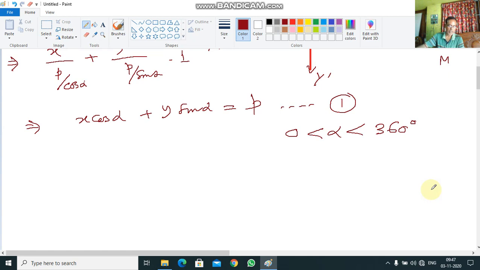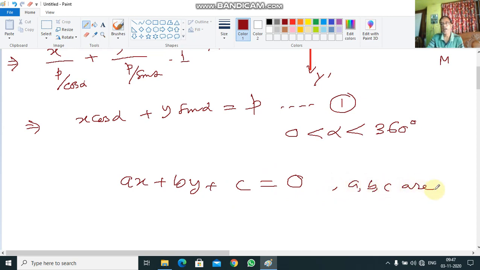That is, the general equation of the first degree in x and y is ax plus by plus c is equal to 0, where a, b, c are constants.